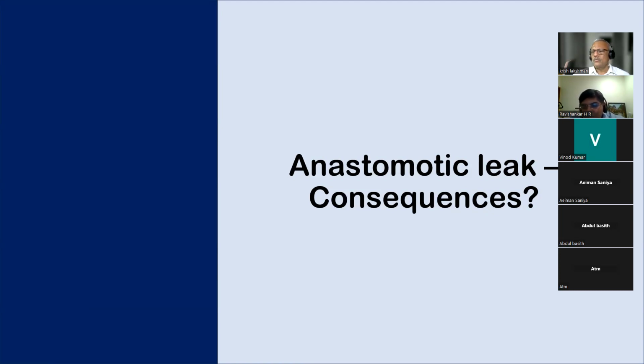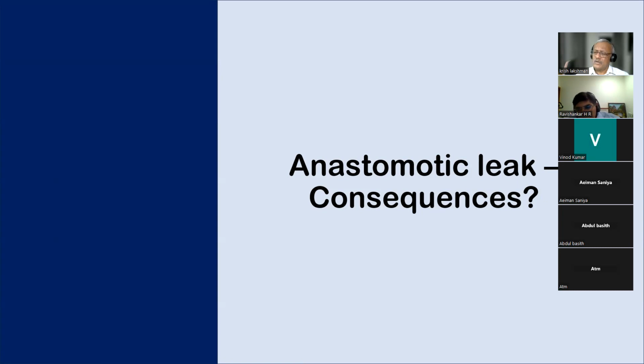What we do when you suspect a clinical leak depends on our understanding of the consequences of a leak. So Vinod, can you tell me what the consequences are? Sir, symptoms like peritonitis and abdominal distension. No, I'm looking at the broader picture of what happens to the patient's life, his condition.